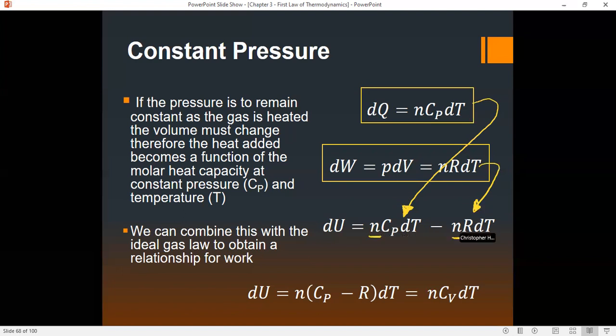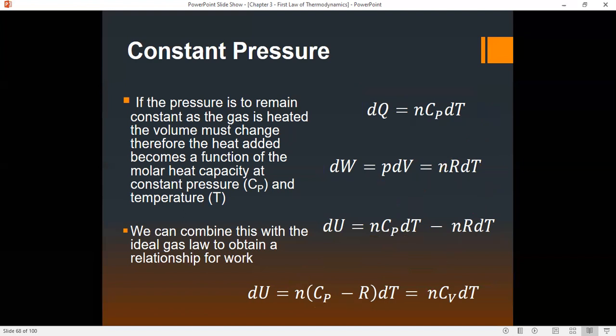Both have n, both have dT in them. The difference is Cp and R. So we have n times dT, Cp minus R. And that relates our molar heat capacity at constant pressure to our molar heat capacity at constant volume, which we got during the first case. So what can we do with this?